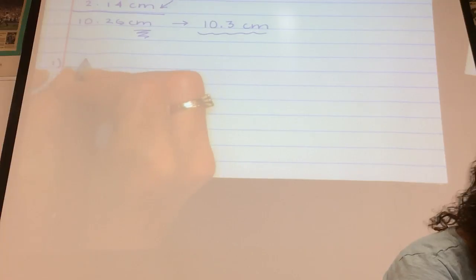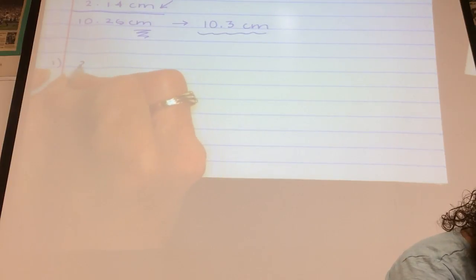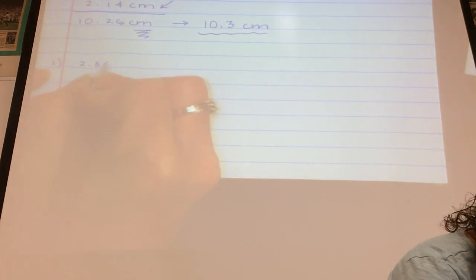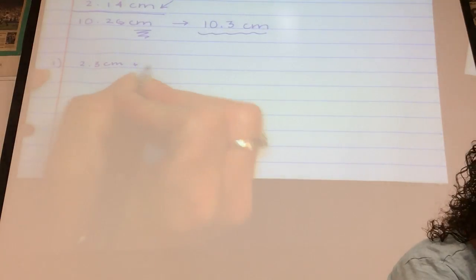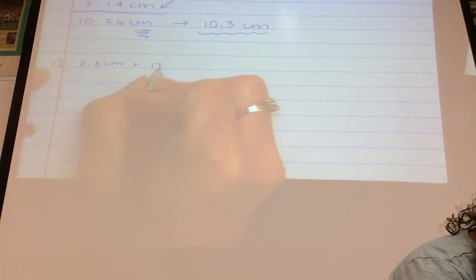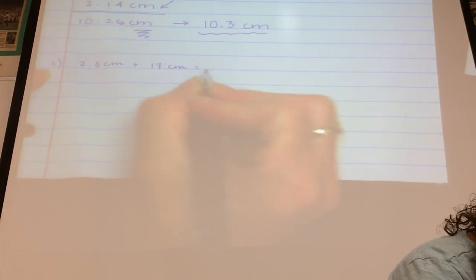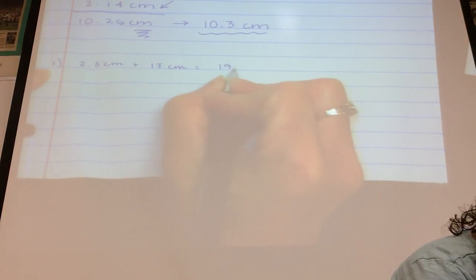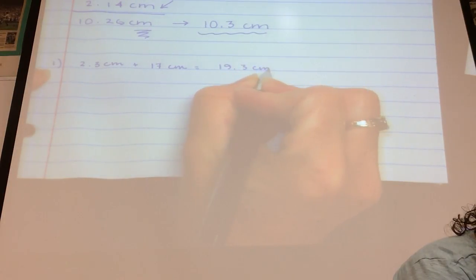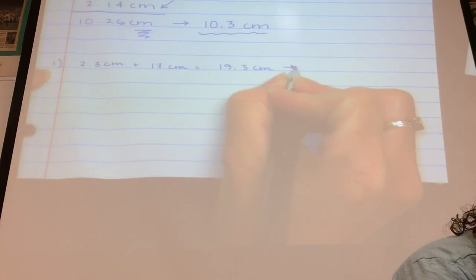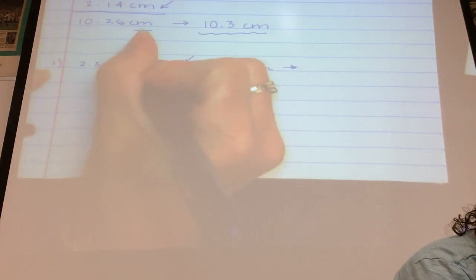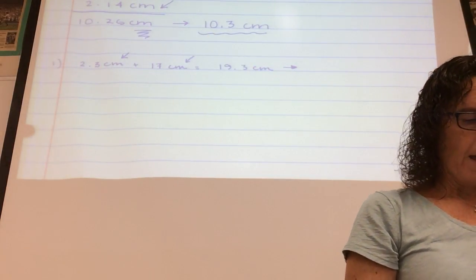This one really looks pretty easy, probably not necessary. 2.3 centimeters plus 17 centimeters. When you add the two, you get that. And again, when you add, make sure the unit is the same.